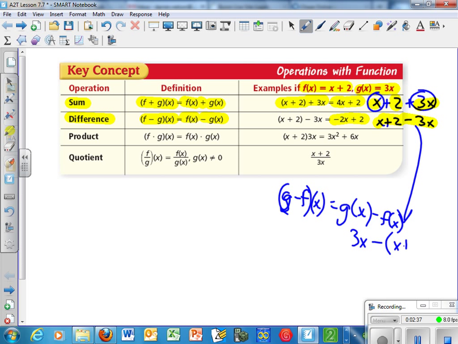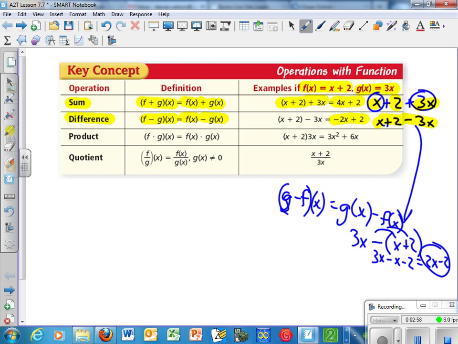Now, this is where you got to be careful. Do you see how that f function had two terms? So then you have to use parentheses and distribute your opposite sign. So it's 3x minus x minus 2, which would be 2x minus 2. So just be careful. If you're subtracting a function that has more than one term, put it in parentheses, distribute the opposite sign.